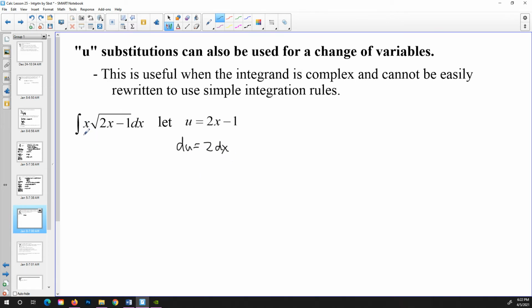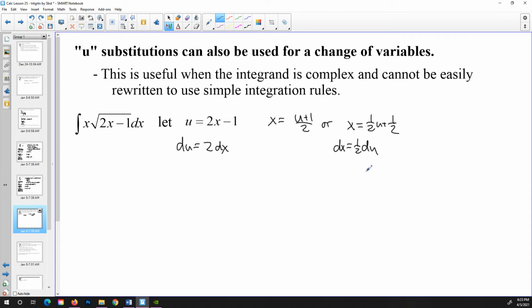Well, I've got this extra x in here, so I have to do something with that. And so a possible solution to that is to solve this thing for x. So if I bring the 1 over and I divide by 2, if I let x equal u plus 1 over 2, or let x equal half u plus 1/2, and I do the derivative of that, I can say that dx is equal to 1/2 du.